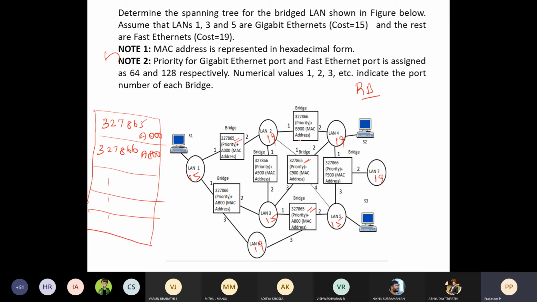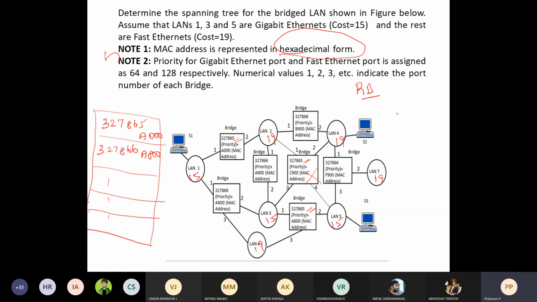Next, the MAC address. If you see here, this is A00, this is C900, this is A800. This one won't be the root bridge because it starts with C. Now between A00 and A800, that's why it is given in hexadecimal form.